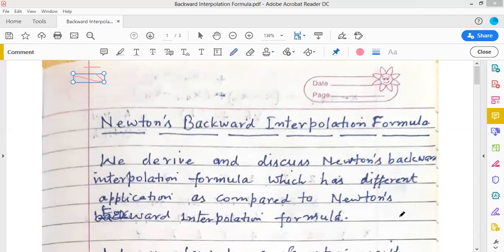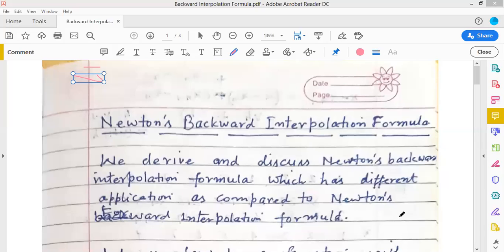Therefore, it is clear that this method is not going to interpolate the value of the function at the end of the data set, nor is it capable of computing the value of the function a little bit forward from the end values of the data set.